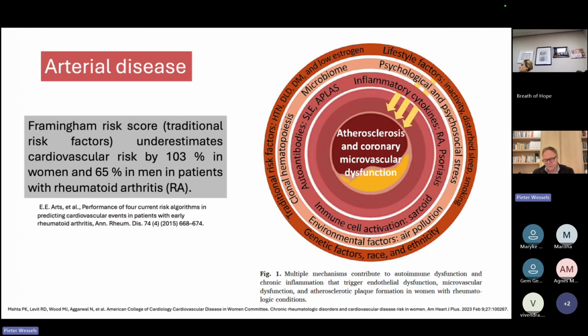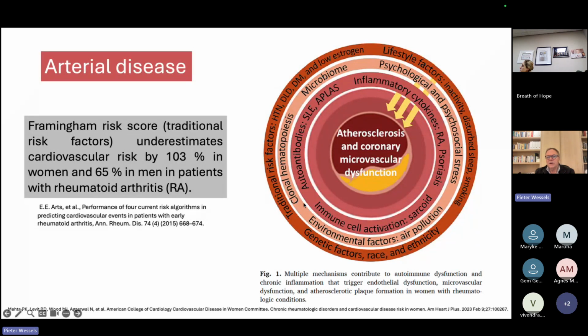Now, what about arterial disease? If you look at patients with rheumatoid arthritis, or let's say you look at patients with arterial disease, we know the causes. This is from an article in 2023. We've got lifestyle factors, stress, and the microbiome, which is more and more important in atherosclerosis.